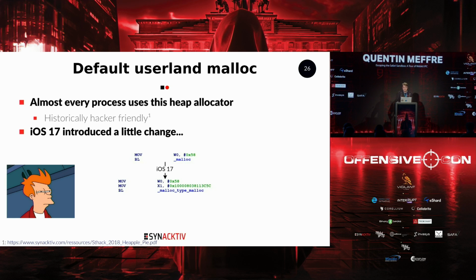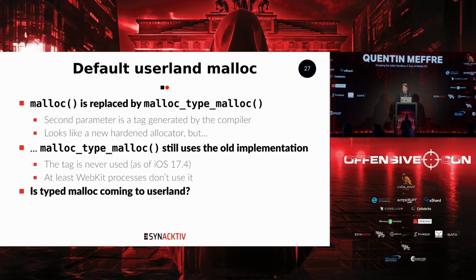WebKit also sometimes uses the default userland malloc, which historically was very hacker-friendly, but iOS 17 brings a little change related to this allocator. Now each call to malloc has been replaced with a call to malloc_type_malloc, which uses a second parameter that looks like a tag generated by the compiler.